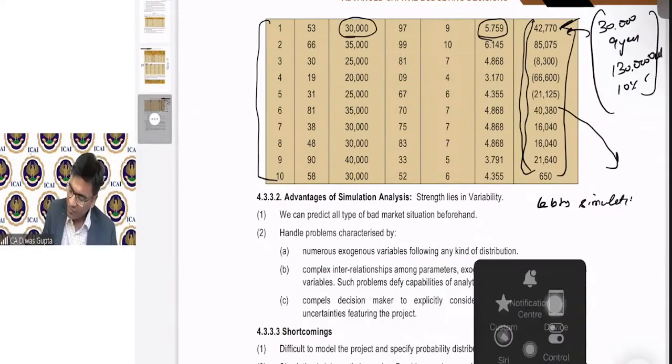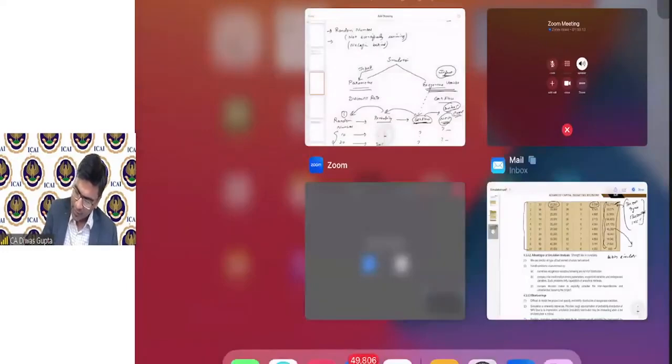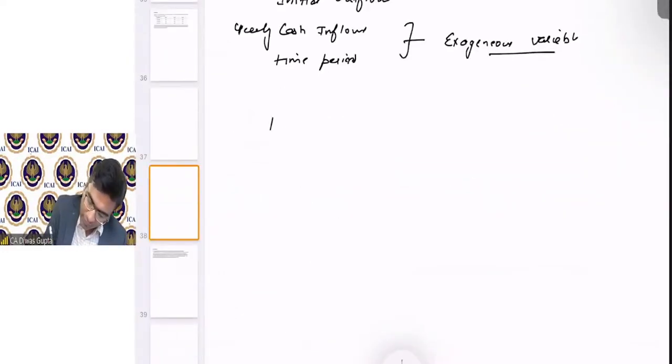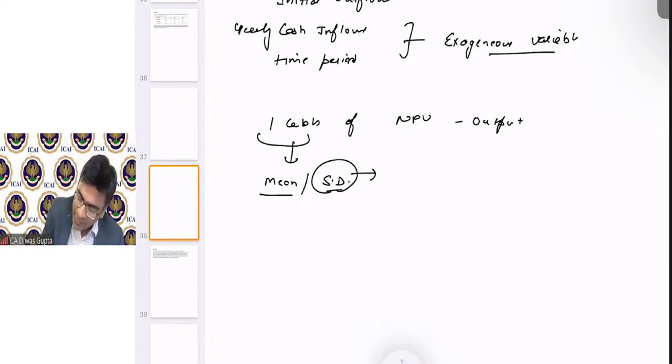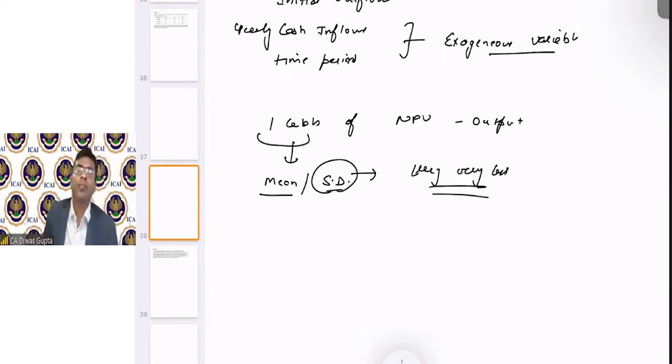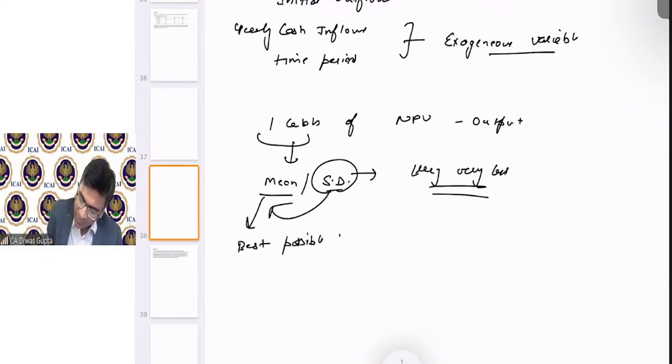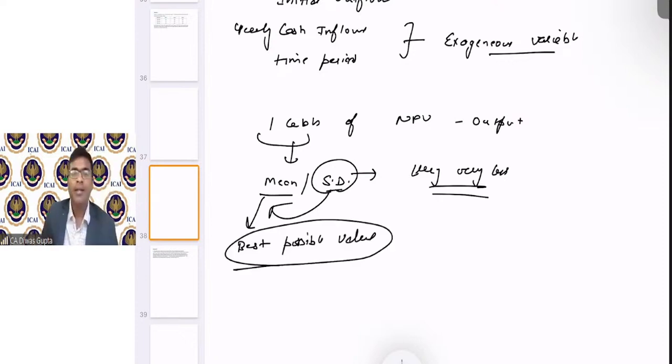So you have 1 lakh of NPVs as output. Agreed? Correct. On that 1 lakh of NPVs, you compute the mean and standard deviation just to see the values coming. You will definitely see that the standard deviation will be very, very small. And hence, whatever mean comes, you will take that as the best possible outcome, or the best possible value assigned to it. That is the outcome.